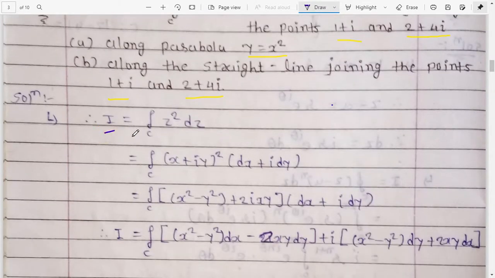Now I is equal to integration over c of z square dz. Now put the value of z is equal to x plus iota y, so dz is equal to dx plus iota dy.